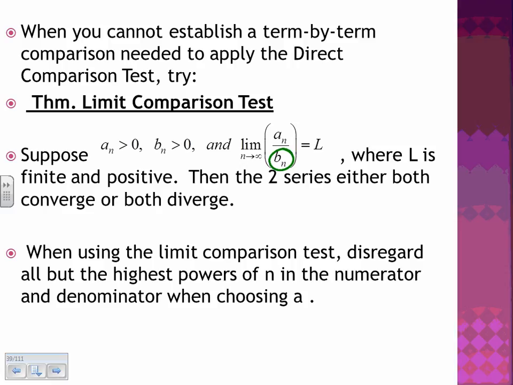Take your original divided by the one you pick, and take the limit of that ratio. If this limit is finite and positive, then either these both converge or they both diverge.